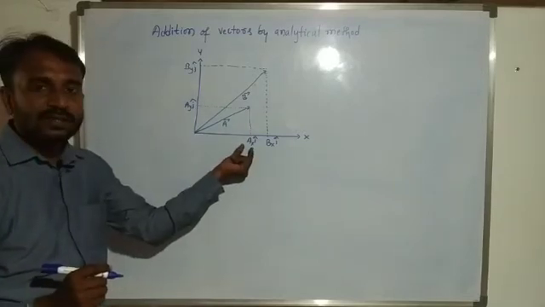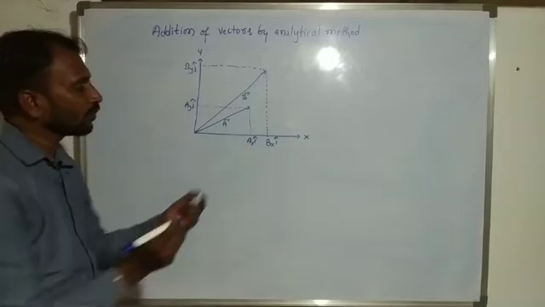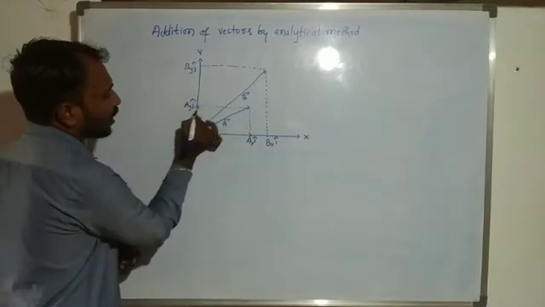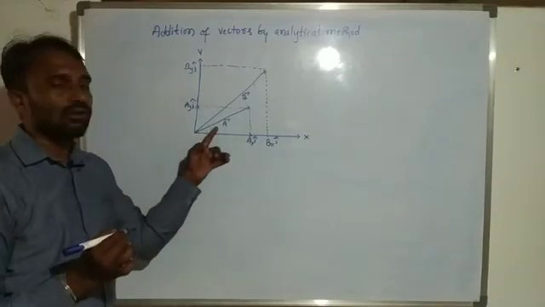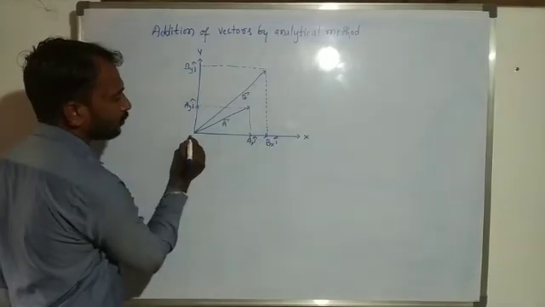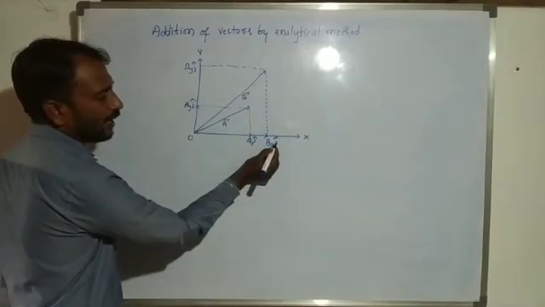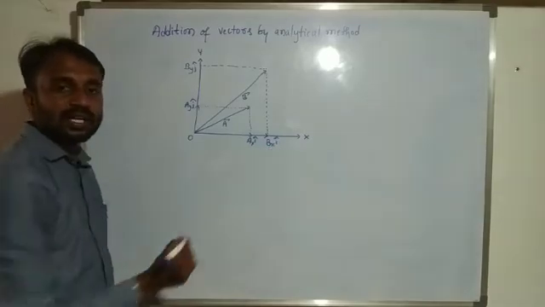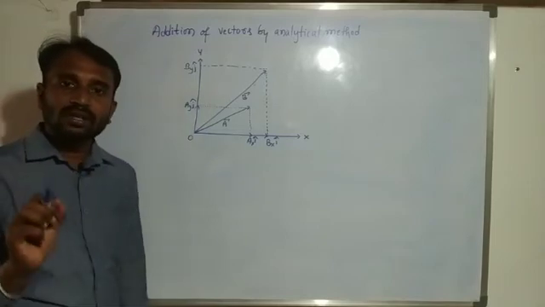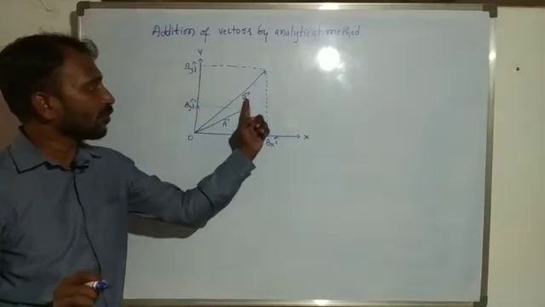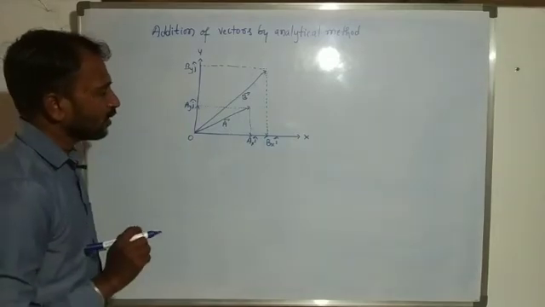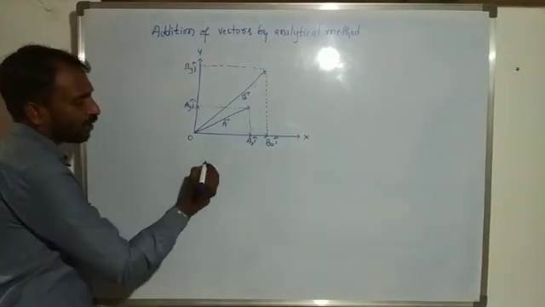Ax i cap is the component of vector A along the x-axis, and Ay j cap is the component vector of A along the y-axis. Bx i cap is the component of vector B along the x-axis. By j cap is the component of vector B along the y-axis.